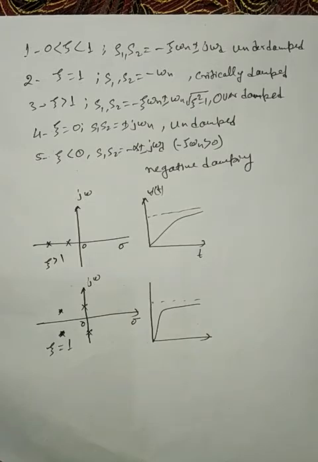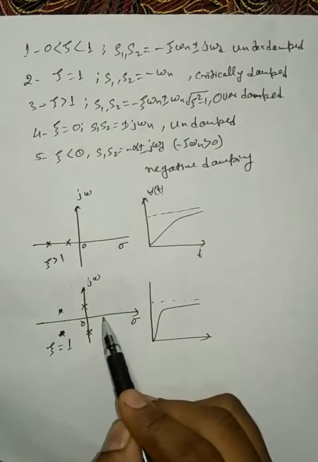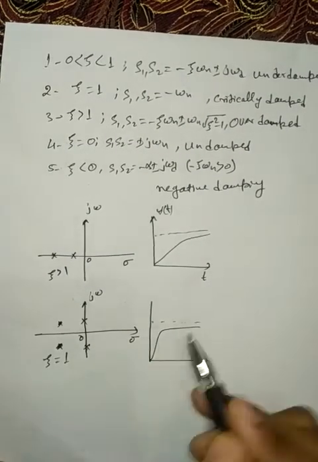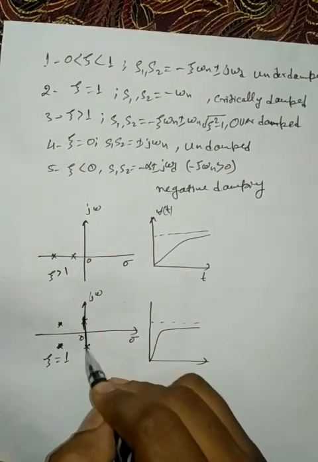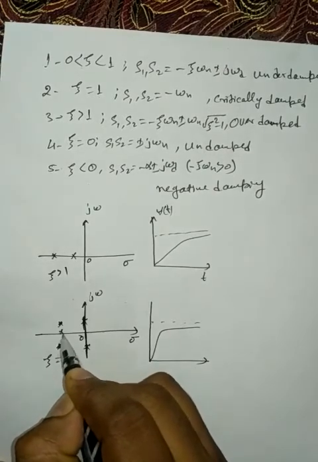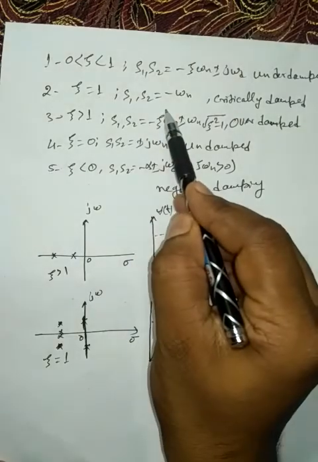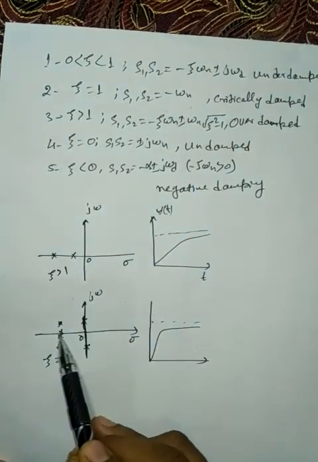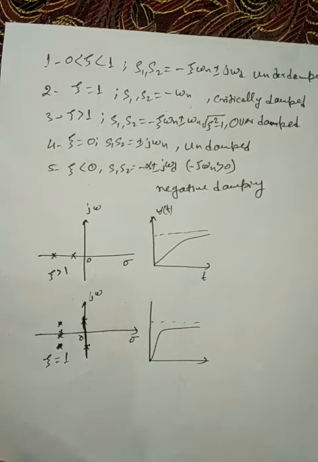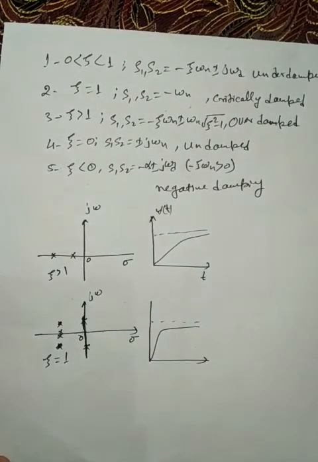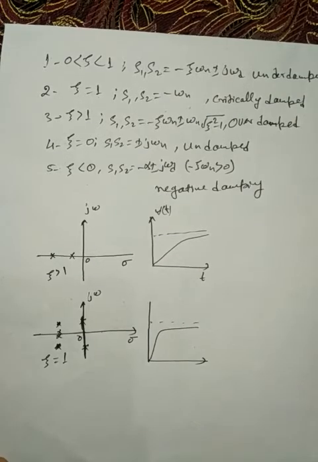Minus omega n, s1 s2 minus omega n here. Just a minute. Okay, I was mistaken. Roots are here only. Means s1, s2 are only minus omega n on real line, double pole here, right? In this case, I have critical damping, right?